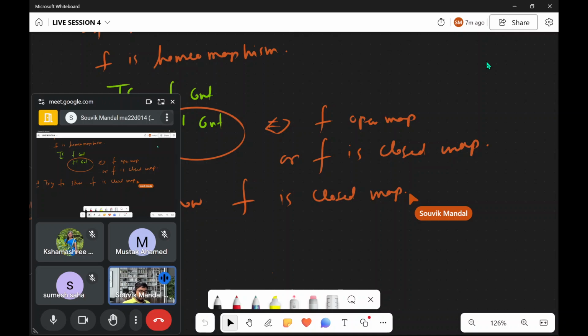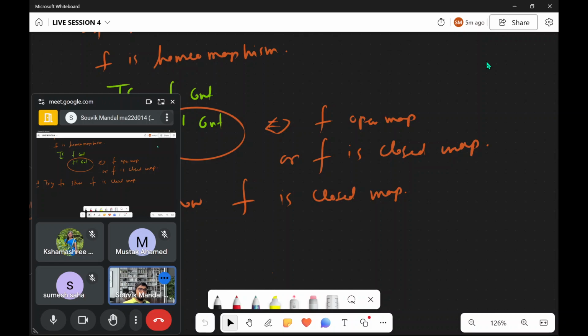What you have proved is that f of X is closed, correct? But what we need to show is that f is a closed map. So closed map means what? You need to choose some arbitrary closed set from capital X, call it F, and then show that f of F is closed in Y. Then only are you able to show that f is a closed map.